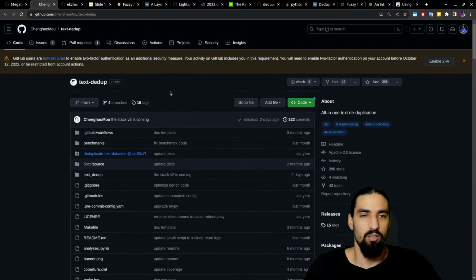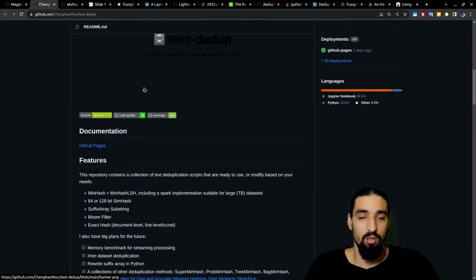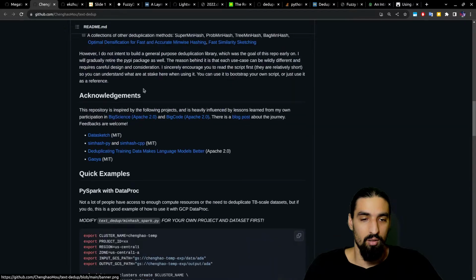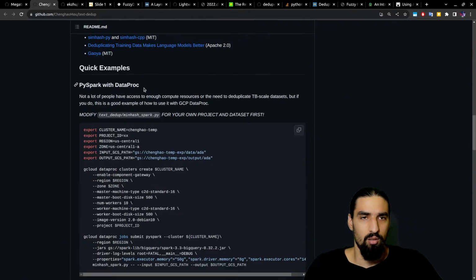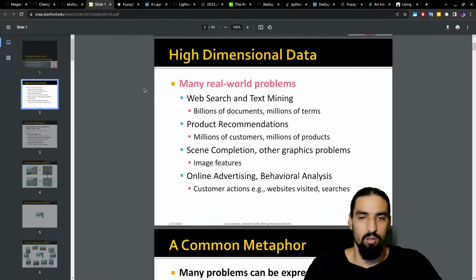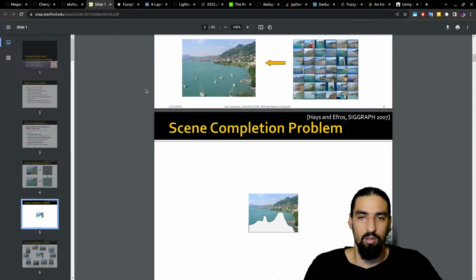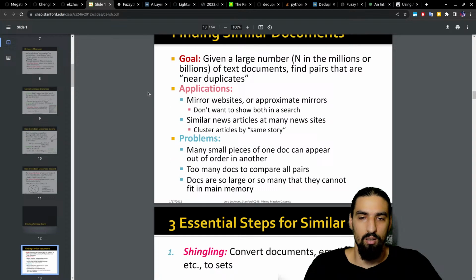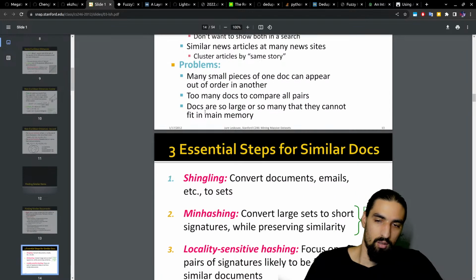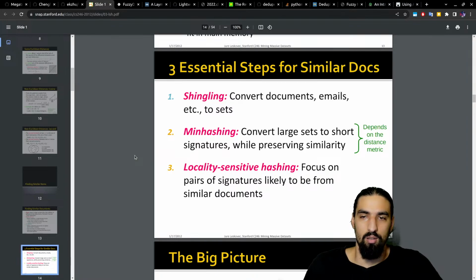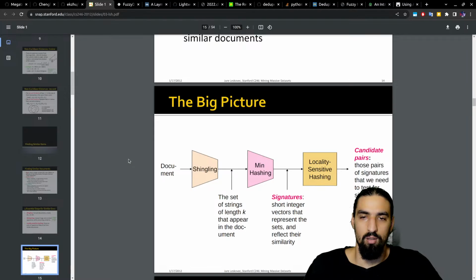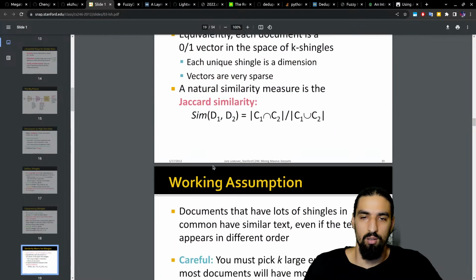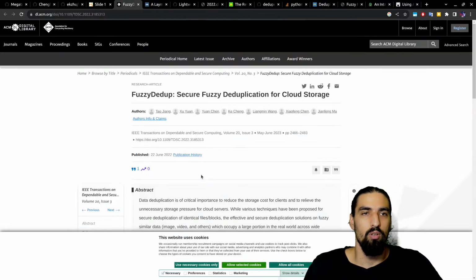Basically, there is now going to be a ton of different projects that do this. So this is the explanation of the whole thing.